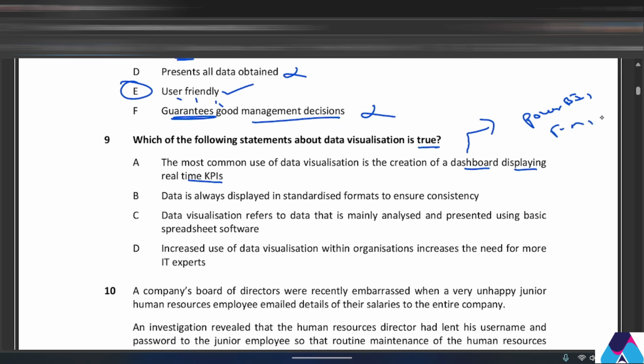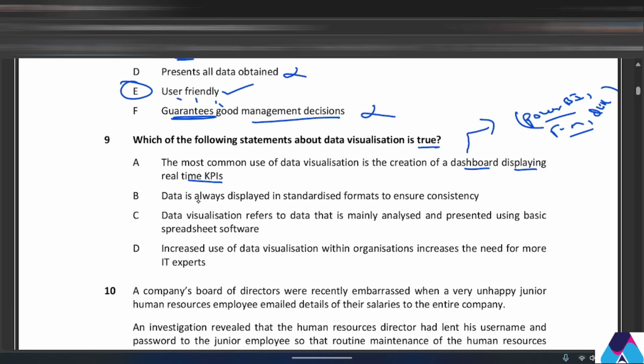Then we have something called QLIK, right? So these basically are your dashboards, right? So they're saying the most common use of data visualization is the creation of a dashboard displaying real-time KPIs. So this is correct, but I would like to move on and read the other options to see if they make more sense. Okay.